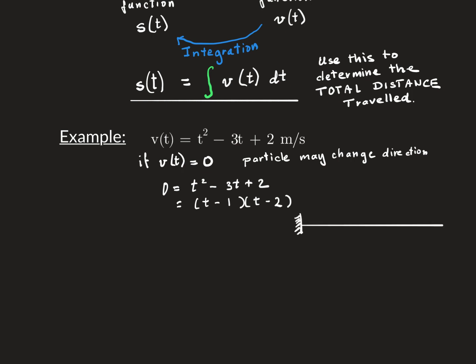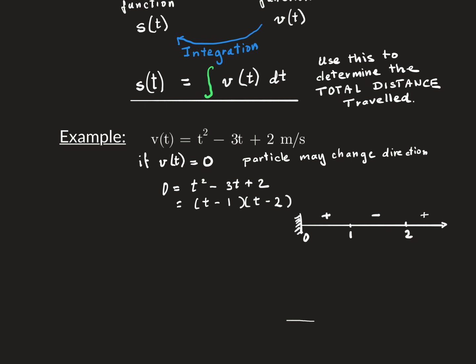The particle will start moving at time equal to 0. At time 1, it's going to change direction, and it's also going to change direction at time equal to 2. From this equation, we can find that the sign diagram will be positive between 0 and 1, negative between 1 and 2, and positive after t is equal to 2.